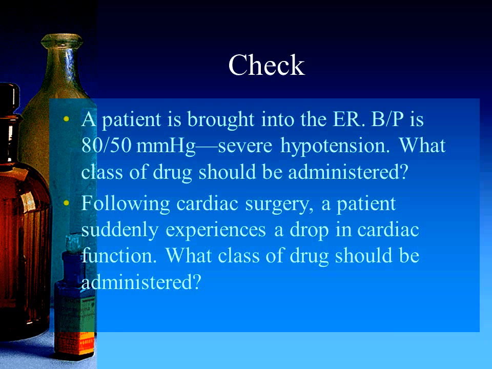Okay, well, after some time to think, that would be the alpha adrenergics, something that would stimulate the alpha adrenergics. That would cause constriction of the blood vessels and bring the blood pressure up.